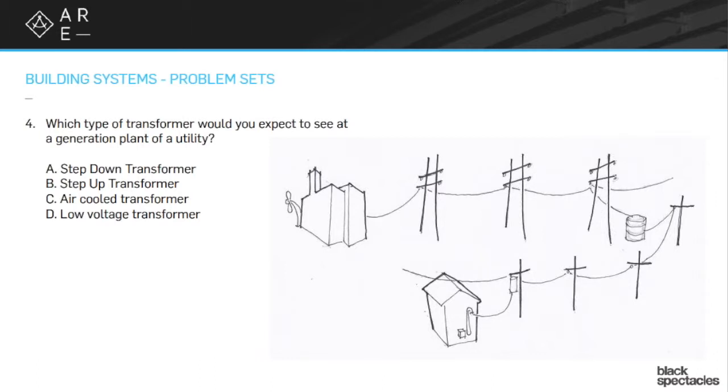I'm going to jump that voltage up as high as I possibly can in order to make those wires as cheap as reasonably possible, because there's a lot of them and they got to go a long way. So what we're going to do is we're going to step up transform. It's going to be B.